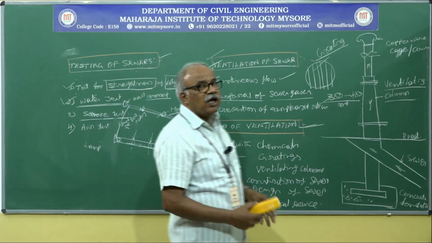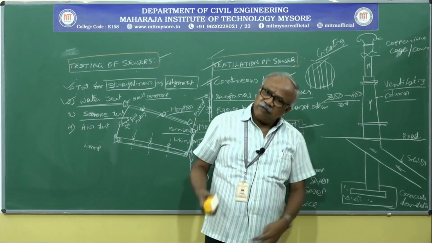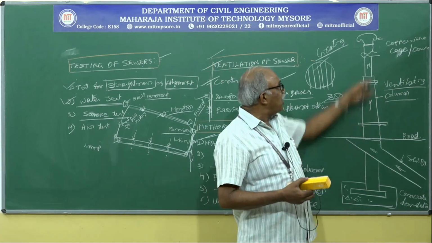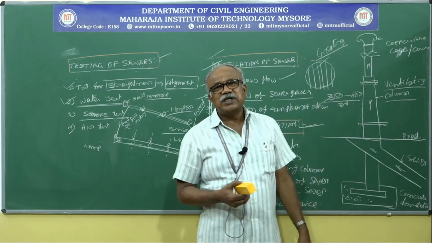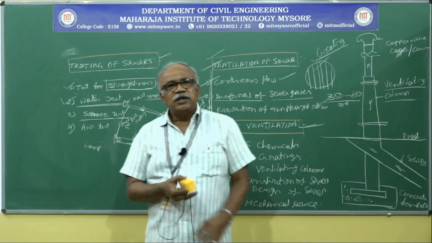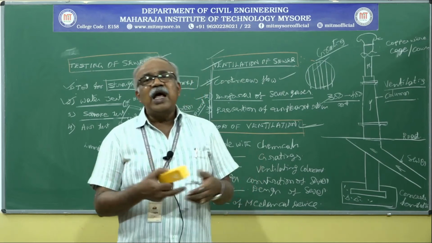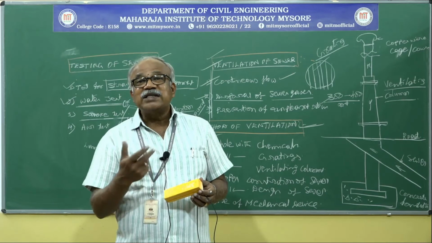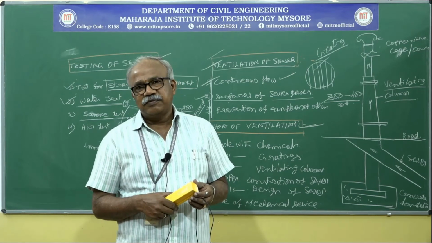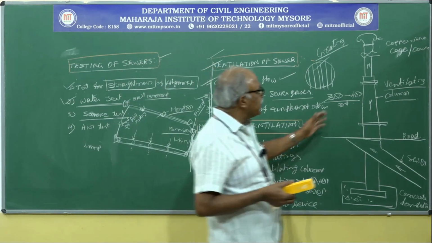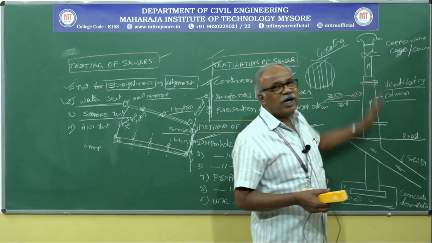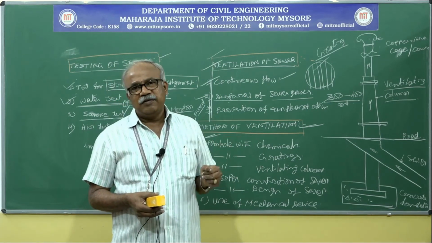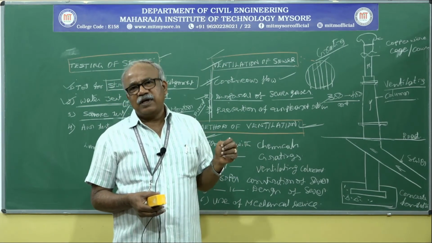Otherwise, the atmosphere consists of different types of gases. Where we allow such toxicants to escape, there will be chances of them reacting with each other, and there may be accidents or incidents. To avoid all those things, the ventilation column height is decided according to the locality or terrain of the area.